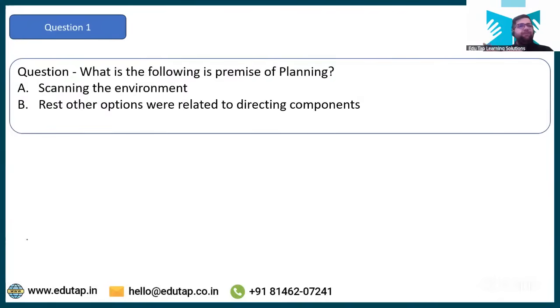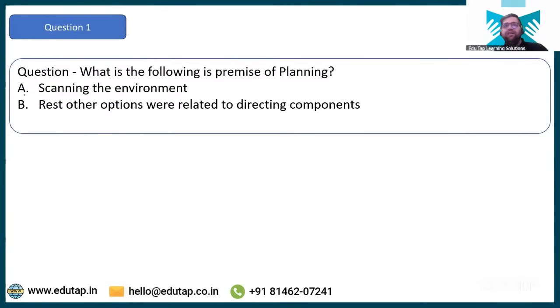Now, once you are doing premises in planning, you are basically scanning the environment. Which type of environment? The internal and the external one. In your internal environment, you analyze your strengths and weaknesses. In your external environment, you try to estimate your opportunities and threats. Currently, I don't have the full question or the full options. But 5 students said to me, sir, that in that particular question the questioner was talking about scanning the environment.